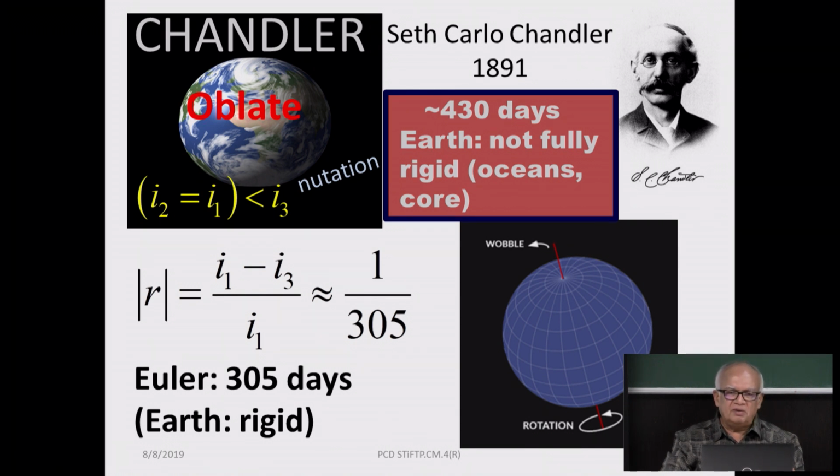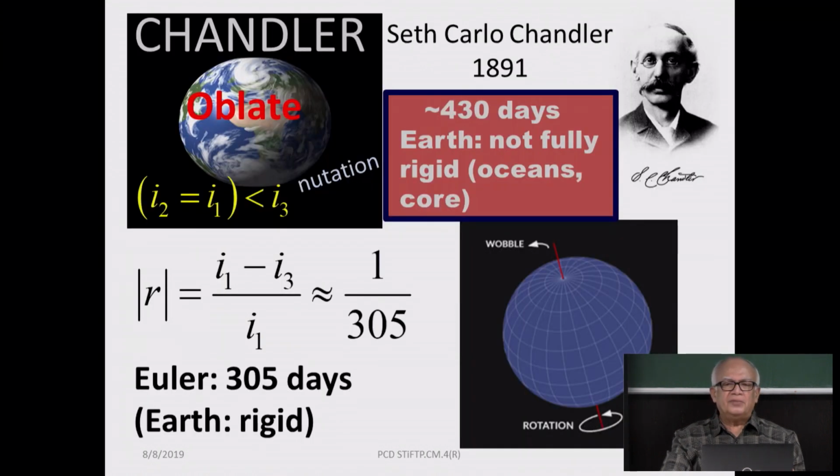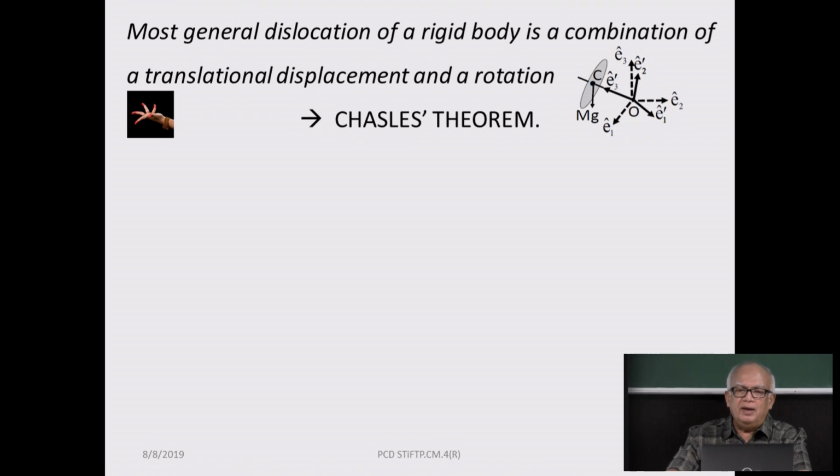It's an interesting area of research. So this is called the Chandler wobble, as it is called. And now you therefore need to describe these rotations.